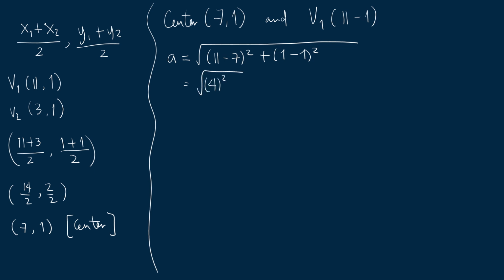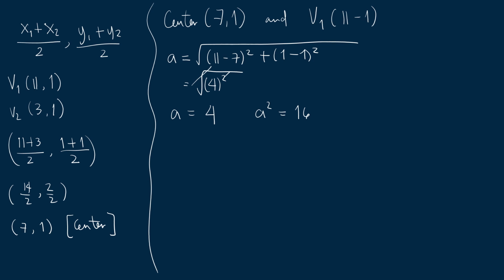Then, hindi ko na isusulat yung 1 minus 1 because it's already 0. 1 minus 1 squared is 0 squared or simply 0. We can now cancel out the radical sign. And therefore, a is equal to 4. And we are looking for a squared. 4 squared is 16. And then, paano yung b?